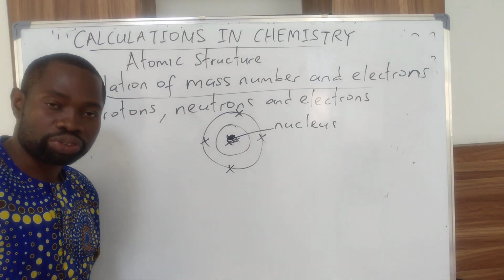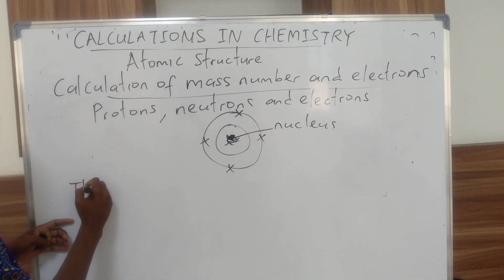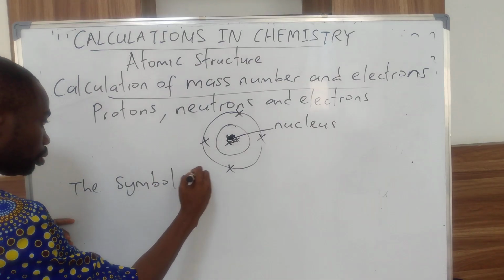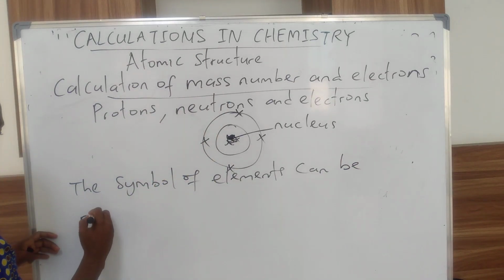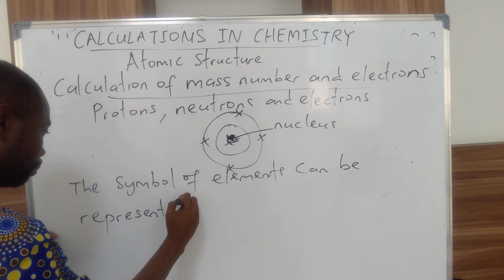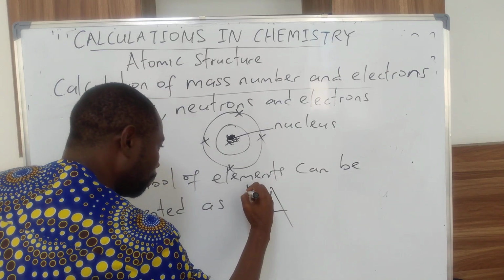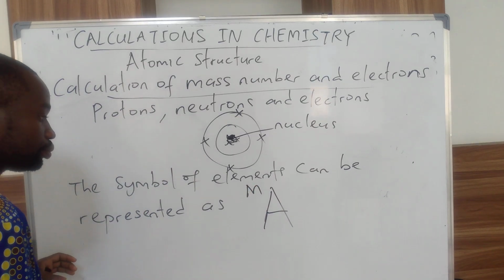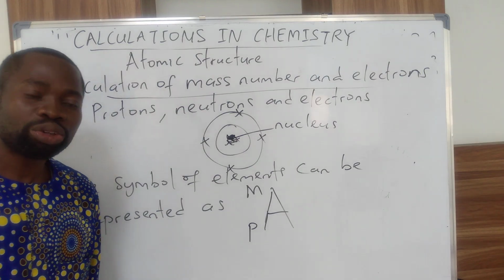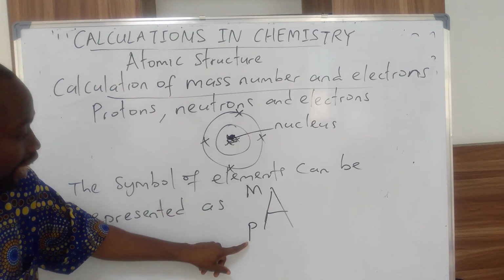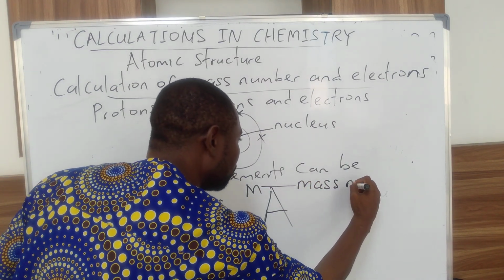Now, in chemistry, the symbol of elements can be represented with a capital letter A, a mass number M, and an atomic number P. Whenever you see any symbol with a number up and a number down, the number that is up is called the mass number.